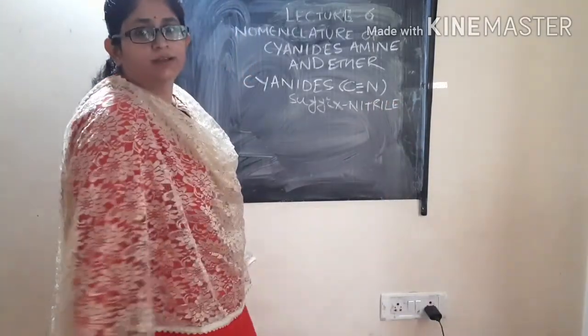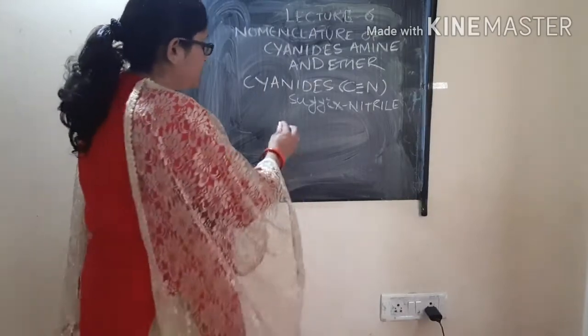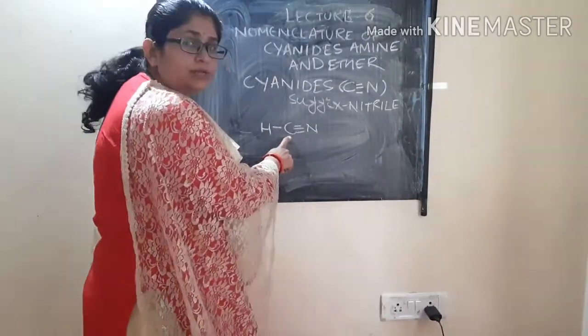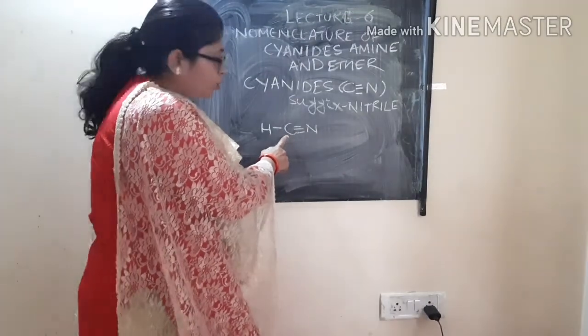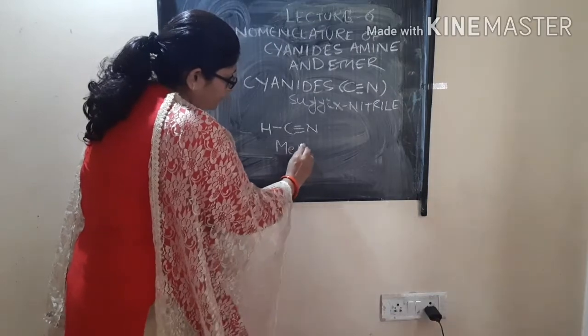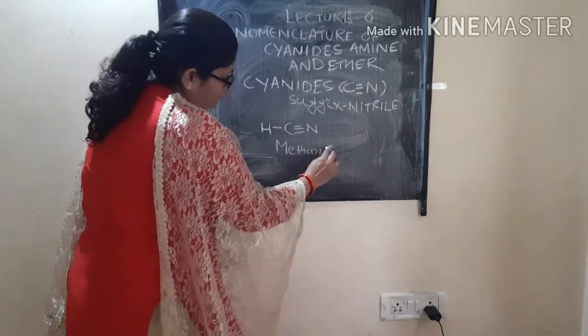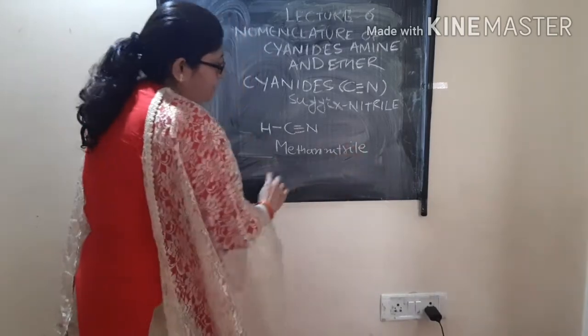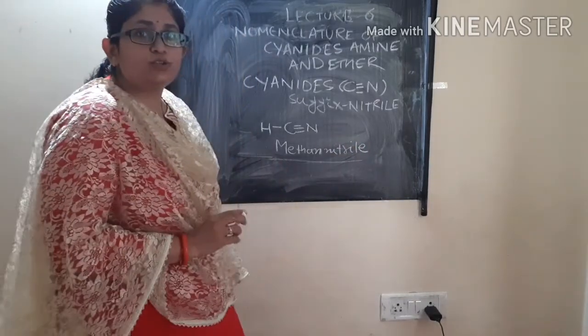Understood, children? So let me take the first example. In this, you can see there is one carbon atom. The number of carbon atoms here is 1. So the naming will be methane nitrile. Understood, students?